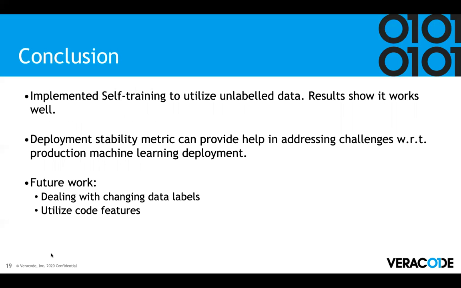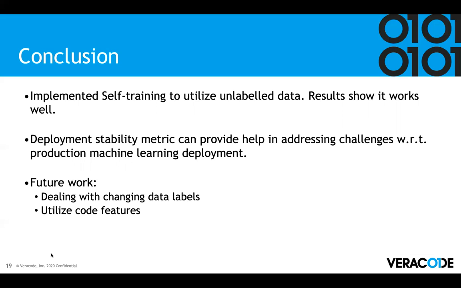To summarize what we did in this work: using self-learning helped us utilize a lot of the unlabeled data we have, without increasing the human cost. Results show that it works well compared to only using the labeled data. It can be used as a technique to get more data for any machine learning systems that might be running in production in other industries or firms.